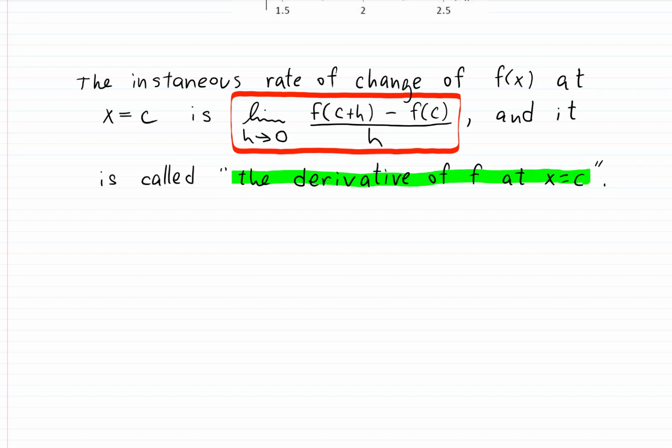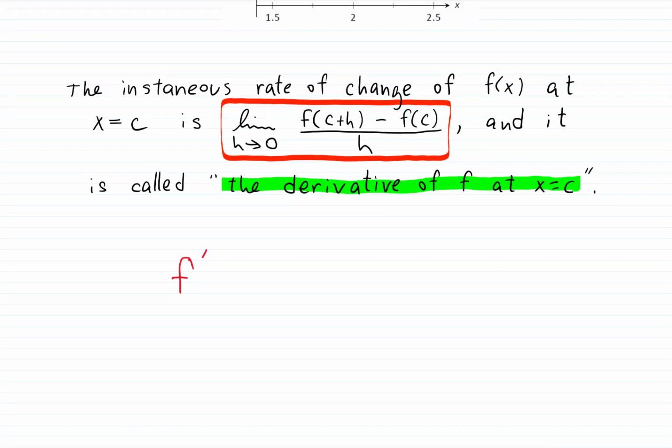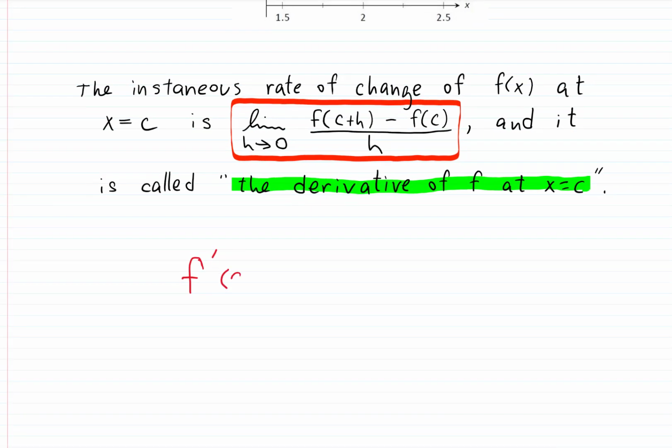And there's a symbol for it. I'm going to show you several symbols, but here's the most common one. So we write f with a sort of apostrophe here. You say f prime. That apostrophe is called a prime. Okay, f prime of c equals the limit of f of c plus h minus f of c over h as h approaches 0.